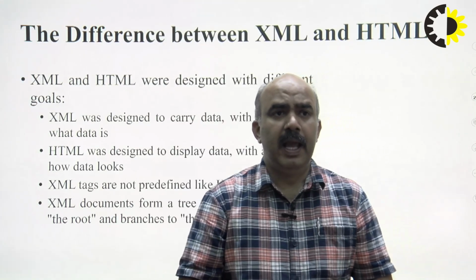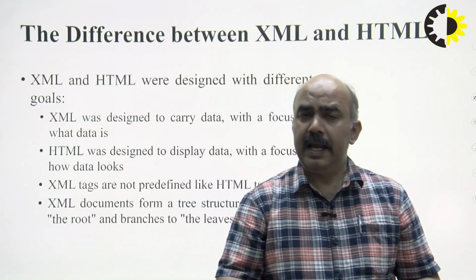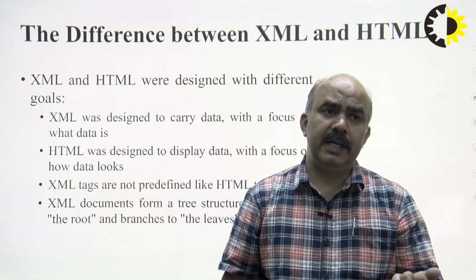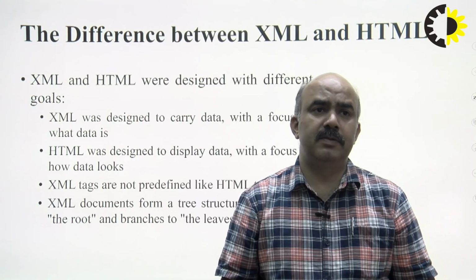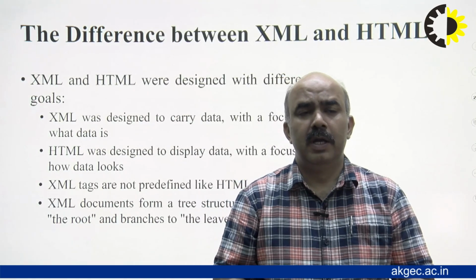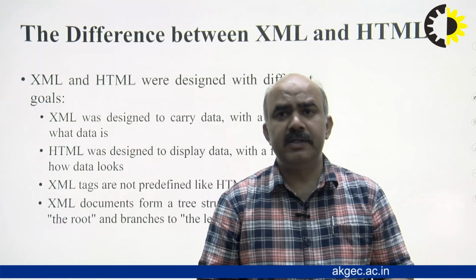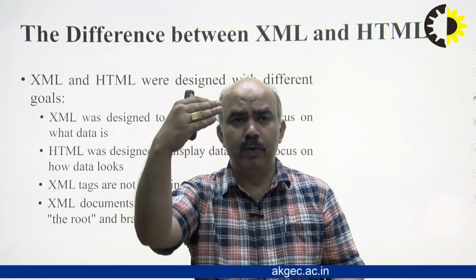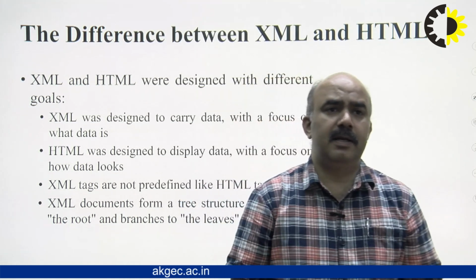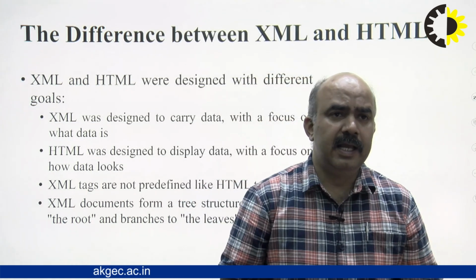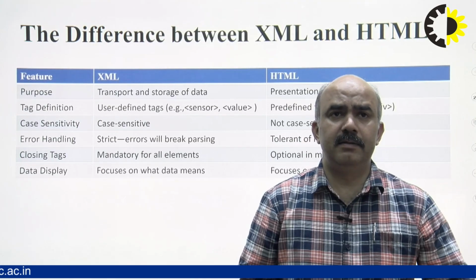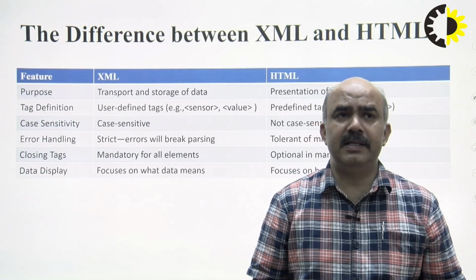XML tags are not predefined like HTML tags, and in XML the documents or data being transferred have a tree-like structure in which there must be a root element. Then under that root element there are sub-branches, just like leaves. So this is the difference between XML and HTML.